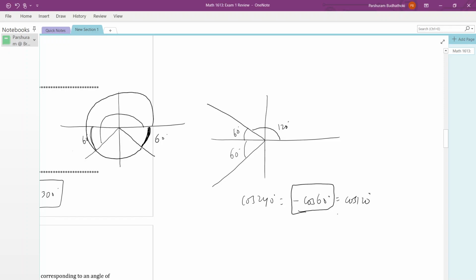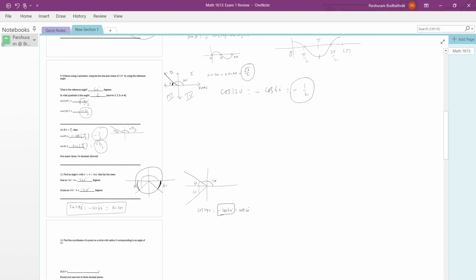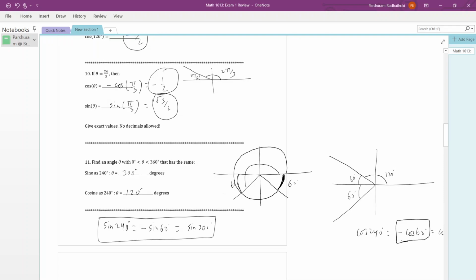That's why they are equal. Okay, you can always check that cosine 120 degrees and cosine 240 both give you the same value. That's for problem 11.